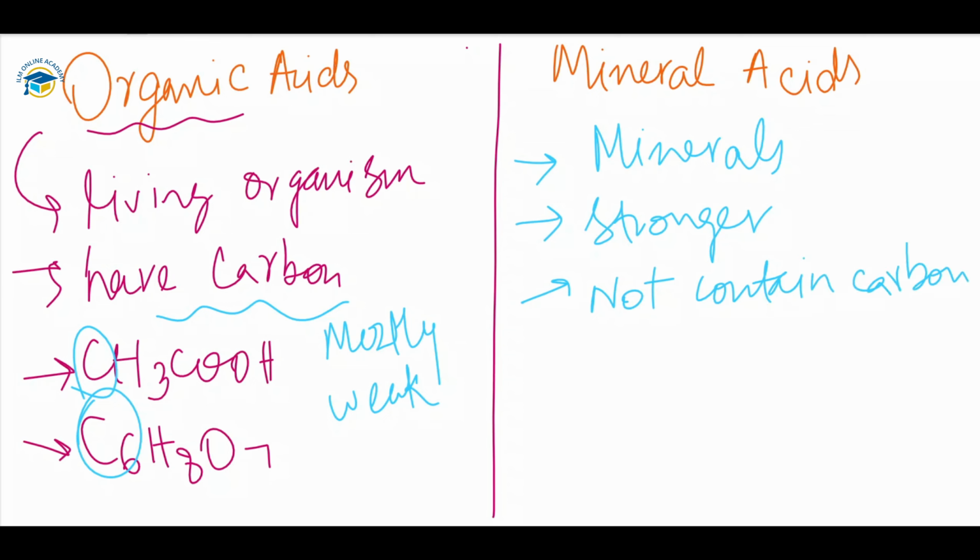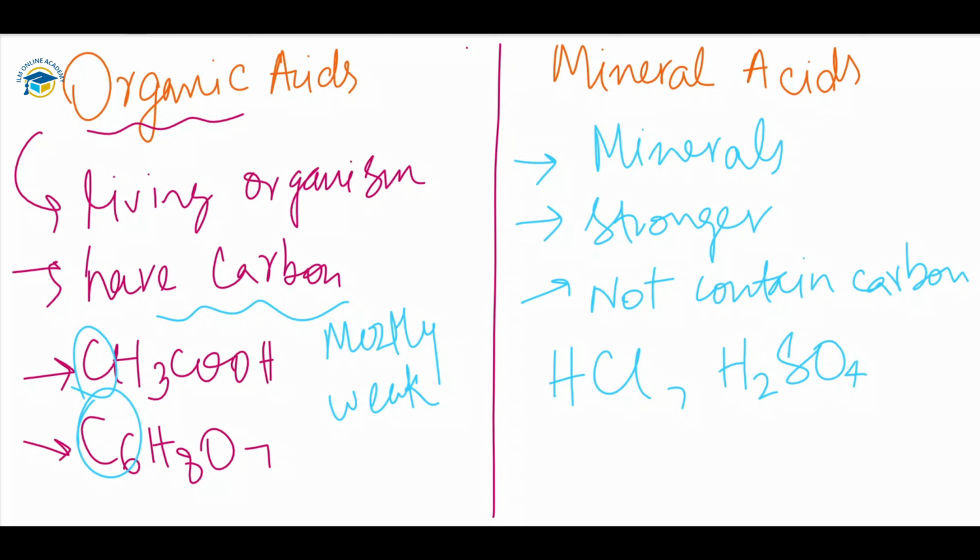These are the differences between the mineral acids and the organic acids. Examples of mineral acids are hydrochloric acid, HCl, which is a strong acid used in industry processing, cleaning, and also as a laboratory reagent. We have sulfuric acid, which has the formula H2SO4. This is a much stronger acid, and it is used in car batteries, and in making fertilizers, paints, and detergents.